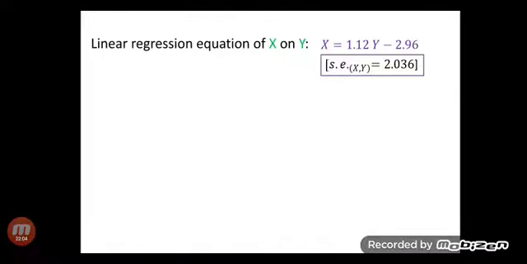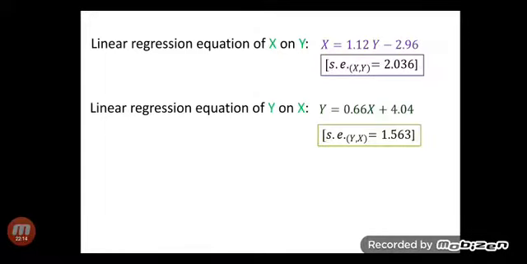So finally we get the regression equation of x on y is this, where the standard error is 2.036, and the linear regression equation of y on x is this, where the standard error is 1.563.